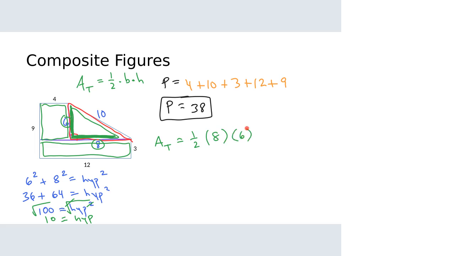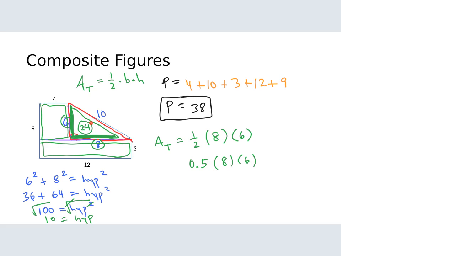We'll multiply those together. 1/2, remember that's 1 divided by 2. So on my calculator, when I do that 1 divided by 2, I'm going to have 0.5 times 8 times 6. So now I can do the multiplying, and I get 24 for the area of the triangle.